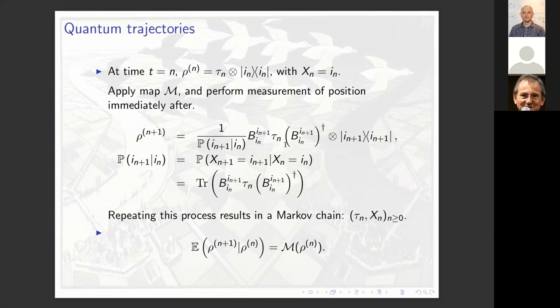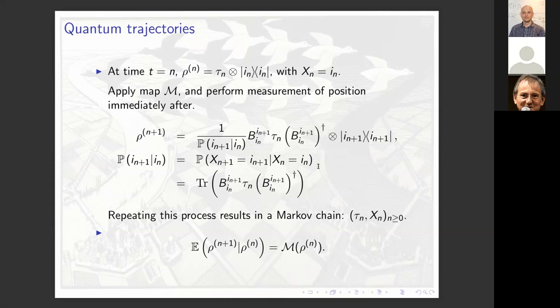The internal degree of freedom matrix has been transformed in this way. The state describing the position now looks something like that. And of course, I need to renormalize the whole thing by dividing by the probability, so that the trace of the new state is 1. And this probability is just the trace of this B tau B dagger.